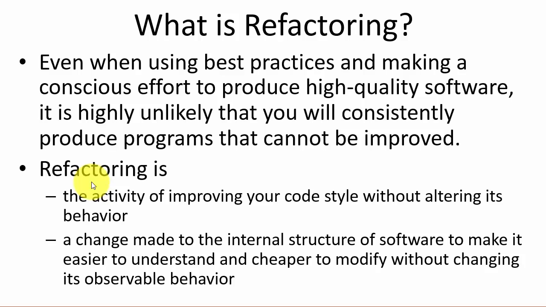Refactoring is about improving your code without altering its behavior. So it's to make your code more robust, and then you probably create fewer bugs within your software. So you should always spend time on code reviews and refactoring as part of the testing within your software.